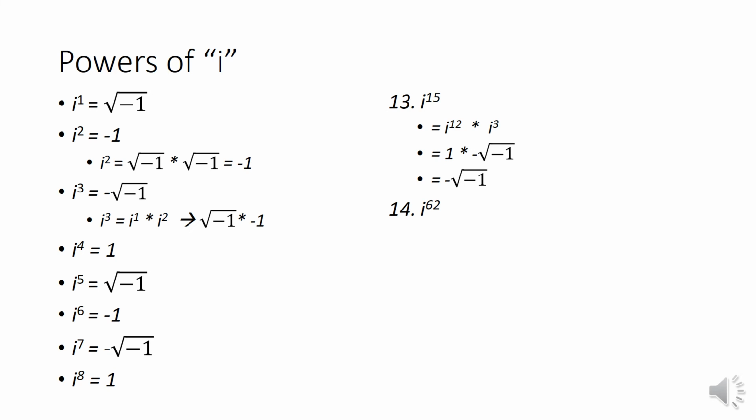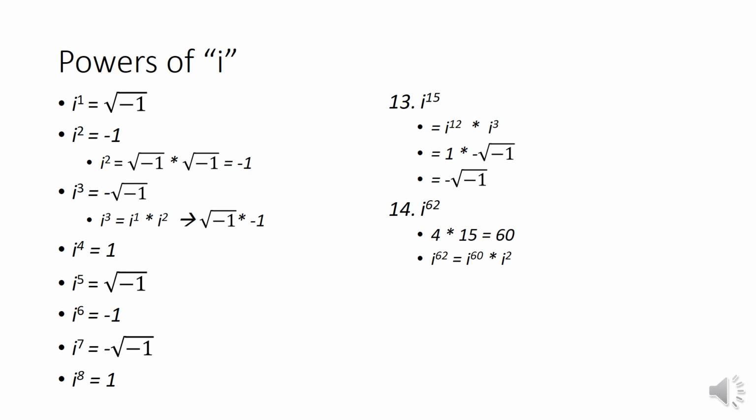Right, but here are the steps to answering this one. We know that 4 times 15 is equal to 60. And so that means that we know that i to the 62nd power is going to be equal to i to the 60th power times i to the 2nd power.